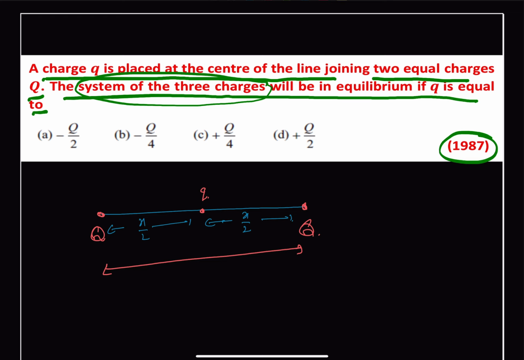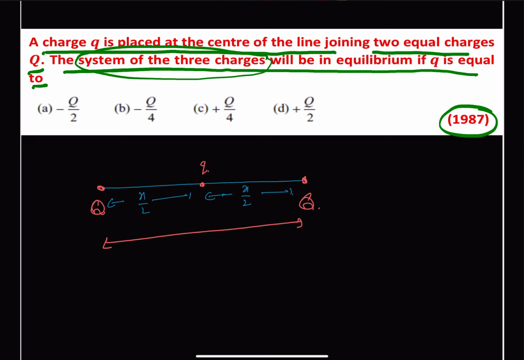So let us consider this as A, B and C. So let's find out the forces at charge point C, charge q, and for the equilibrium the net force should be equal to 0.